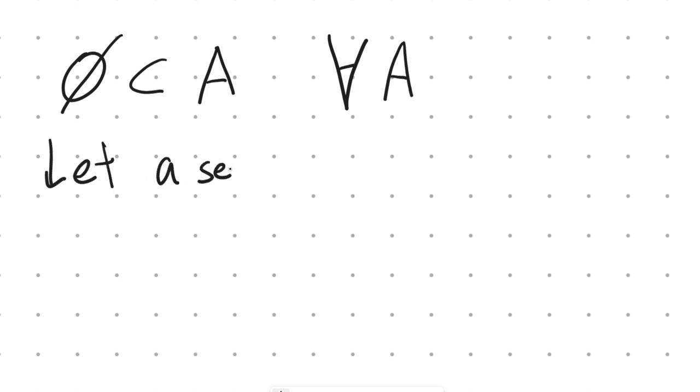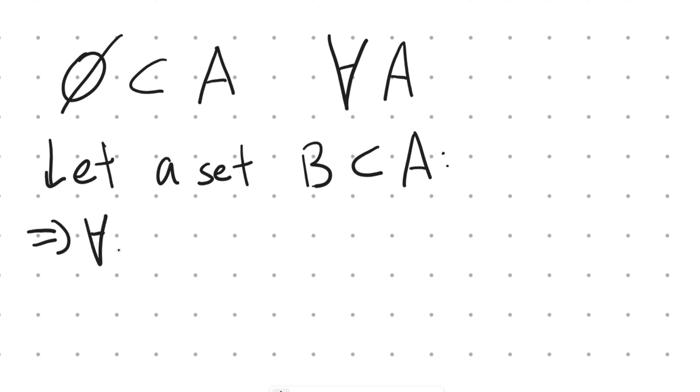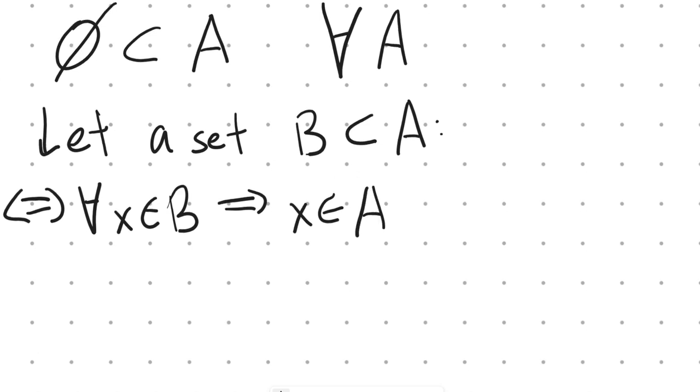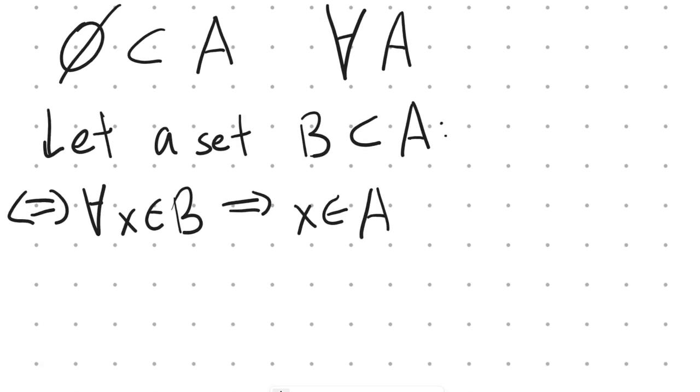Let a set B be a subset of A. This implies that for all elements X in B, X in B implies that X is also in A, not in B, in A. Now, if this is true, then B is a subset of A, or if B is a subset of A, this is also true.